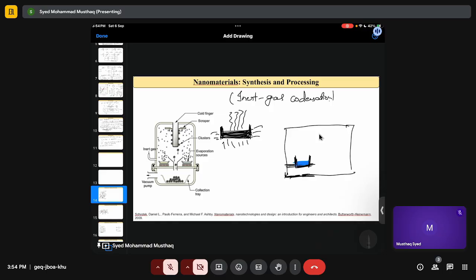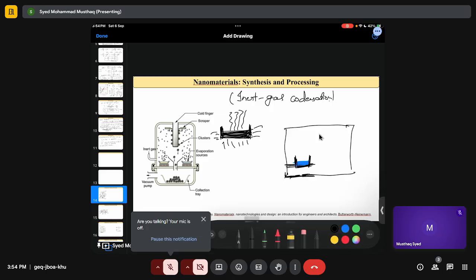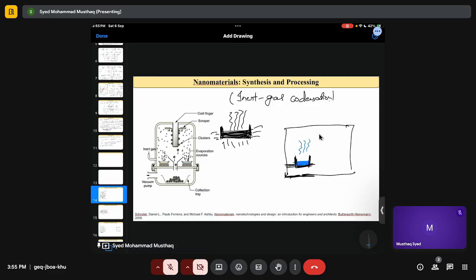My inorganic material will vaporize, and I have fumes going upwards. Initially it is vacuum, right?